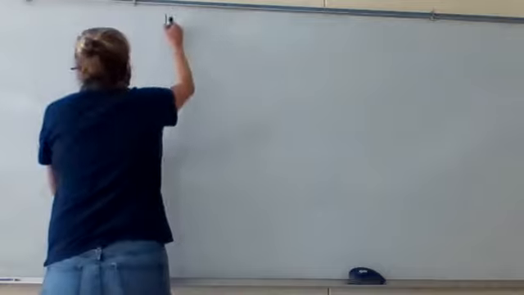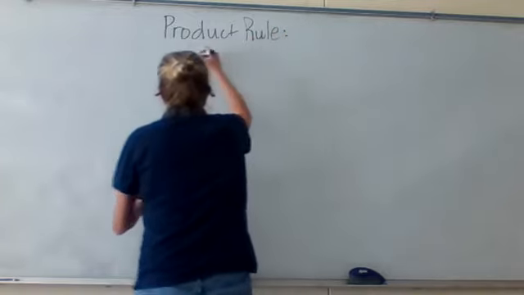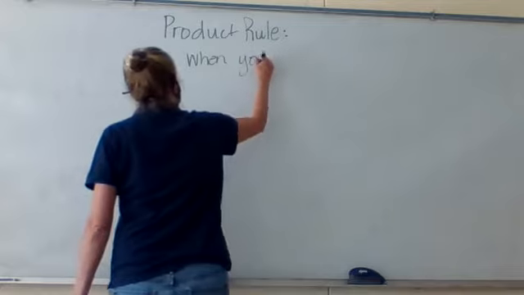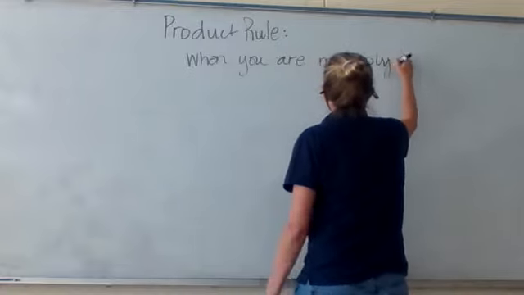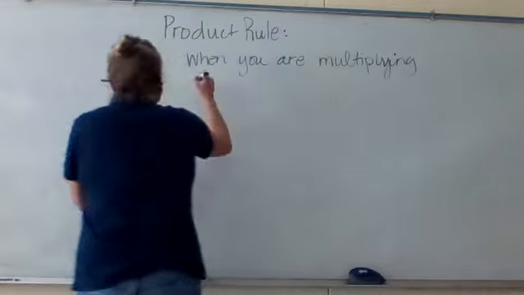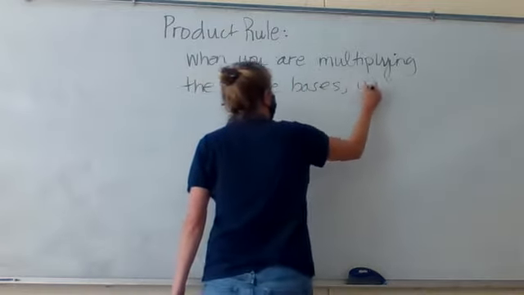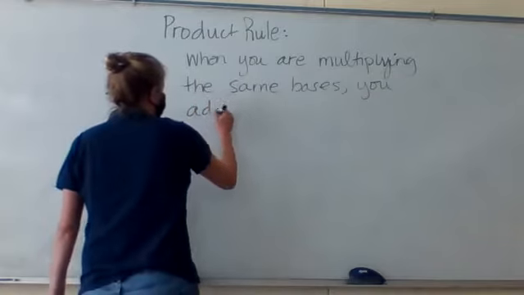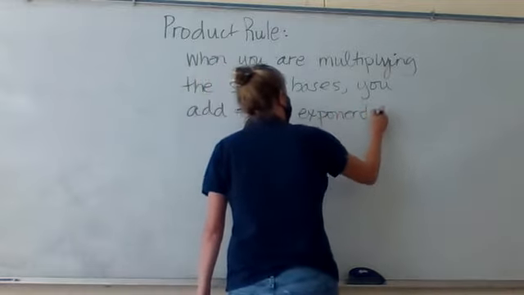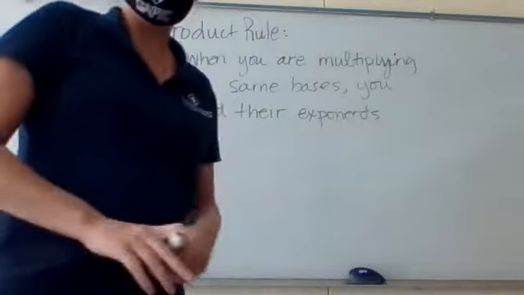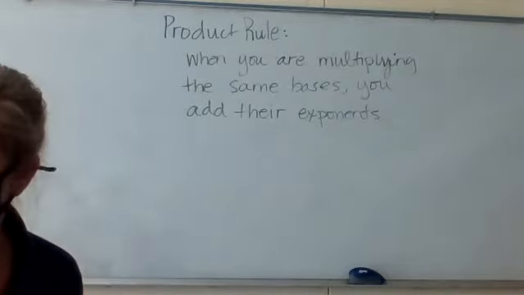The product rule of exponents: when you are multiplying the same bases, you add their exponents to simplify it.